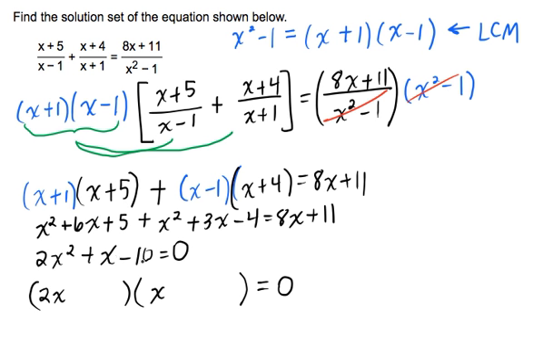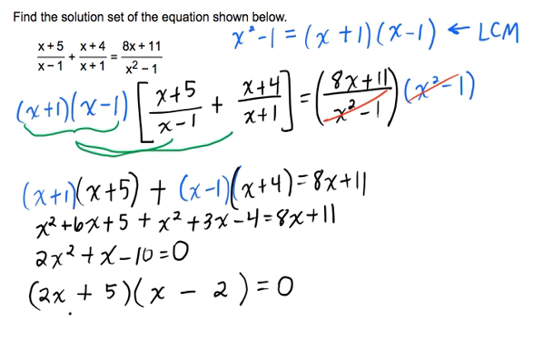Let's see, 10. If we broke it up into 5 and 2, that might work if we put the 5 there and the 2 there, because then my outside term is going to involve a 4x and my inside term would involve a 5x. And 5 minus 4 is 1x. So if we put the positive here, then my inside term will be positive 5x.